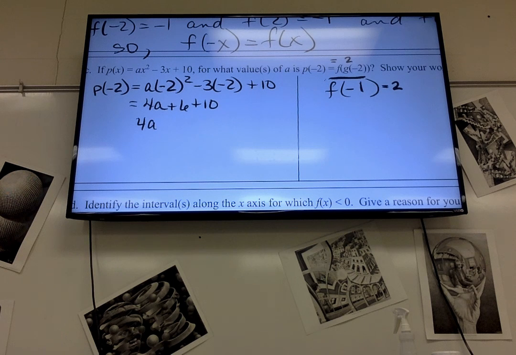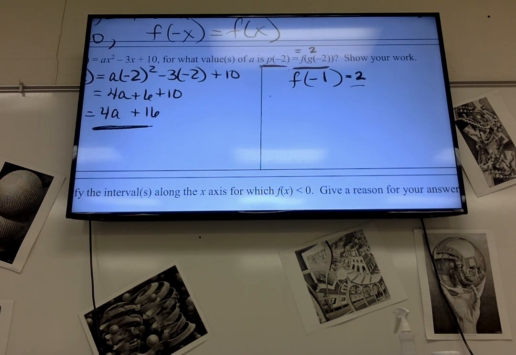So 4a plus 16. I want to show my value or values of a to where that, which is this right here, is equal to 2. 4a plus 16 equals 2. Subtract 16, you get 4a equals -14. And a is -14 over 4, which is -7 over 2.